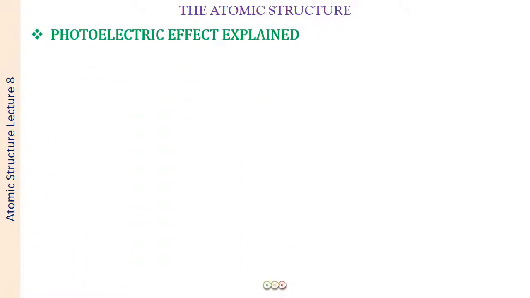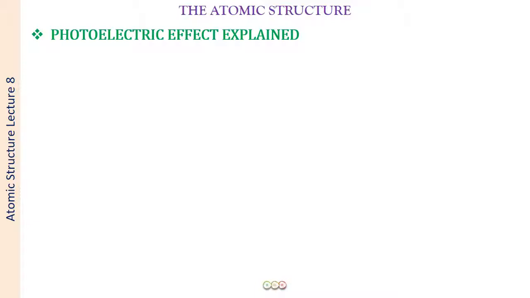So how was the photoelectric effect explained? Well, all the observations which we just now saw cannot be explained on the basis of the wave theory. According to the wave theory, the energy of light is proportional to the intensity.